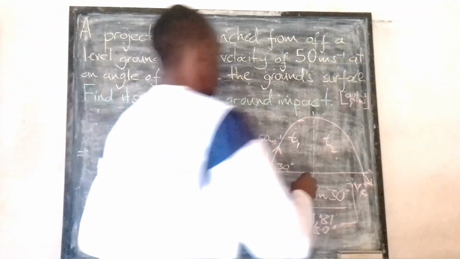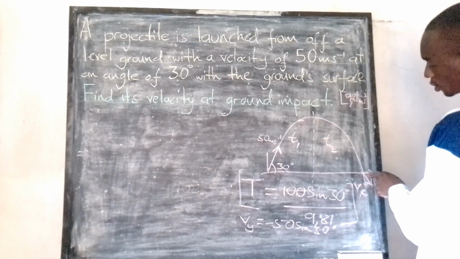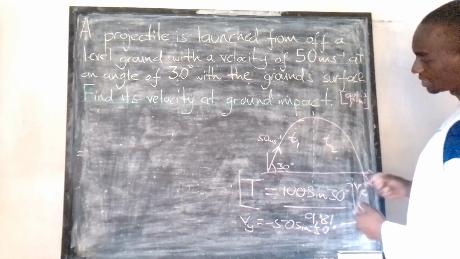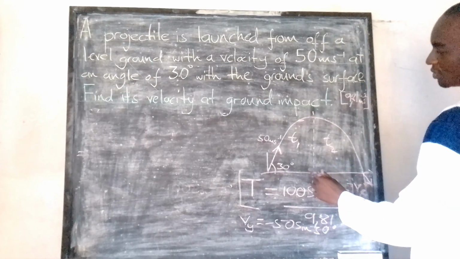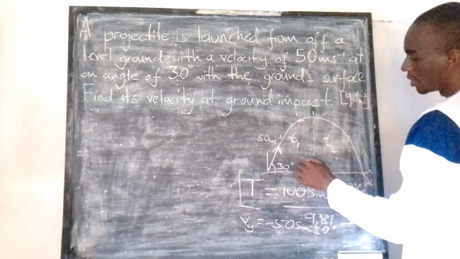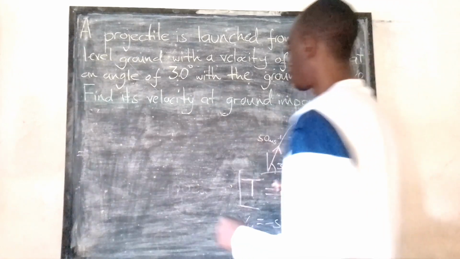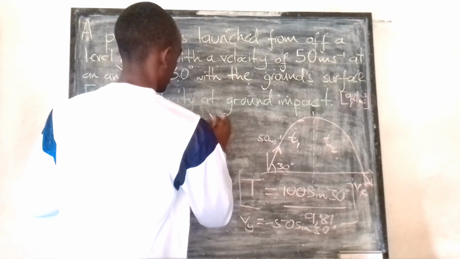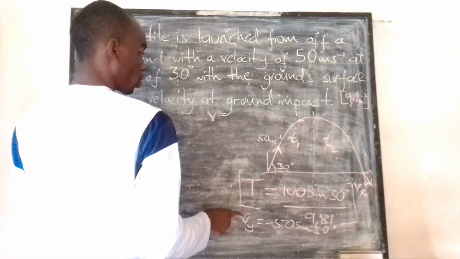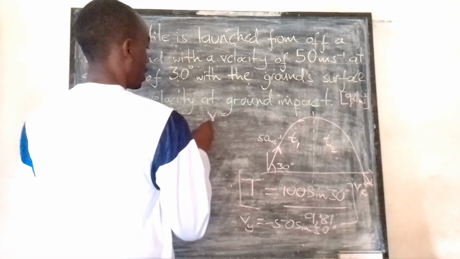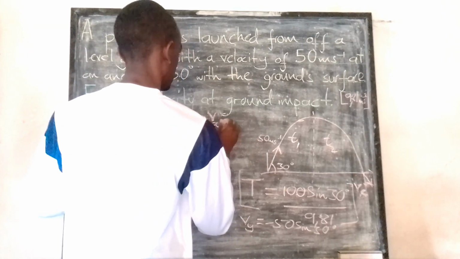What is the final horizontal component of the velocity? That is simple. Since it's constant throughout, like I mentioned in my previous videos, this is simply 50 cos 30 degrees. So I'm going to write it over here. I'm going to write it as Vx. I wrote the final vertical component of the velocity as Vy. I'm going to write this as Vx.